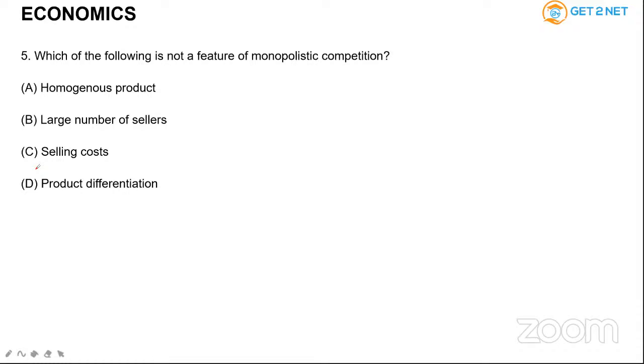Okay, Akanksha. I'm talking about monopolistic, not monopoly. Don't get confused. It's monopolistic. Many. So we are here about homogeneous products.